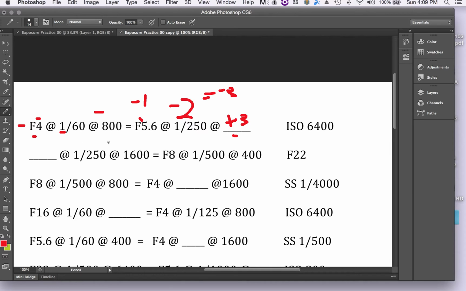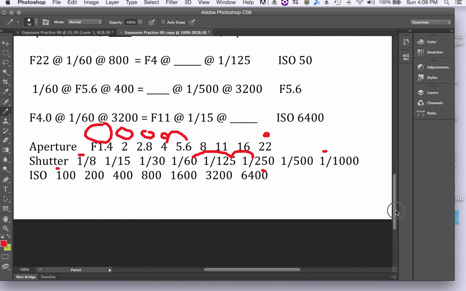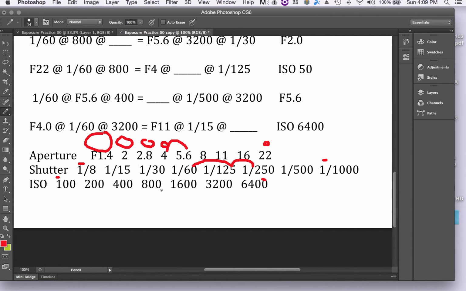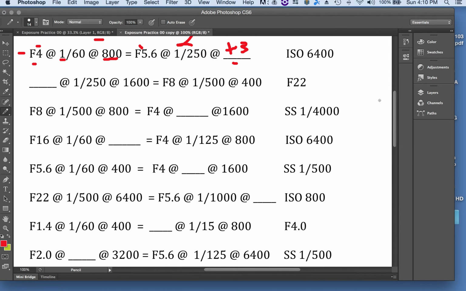So what's going to allow more light, more sensitivity in this case because it's an ISO, by a factor of 3 from 800. So if we go down here and we look at our chart, we take it 1, 2, 3, 6400. So our ISO is 6400.